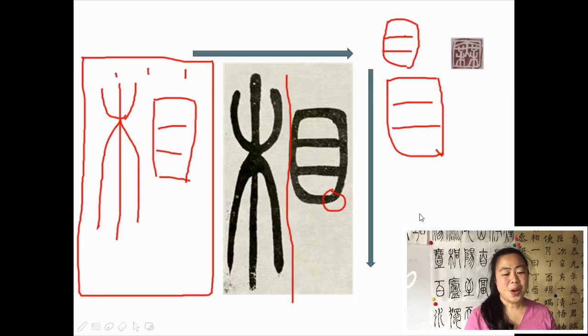Okay, now, do you know how to write this character xiàng, which means appearance, with a Chinese calligraphy brush?